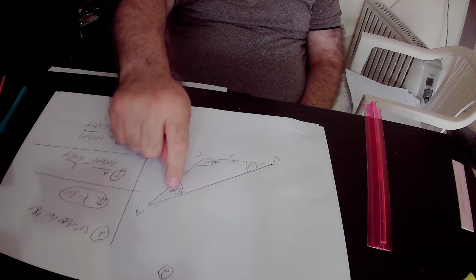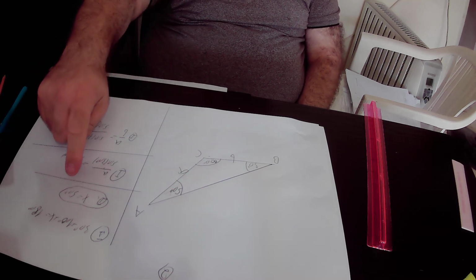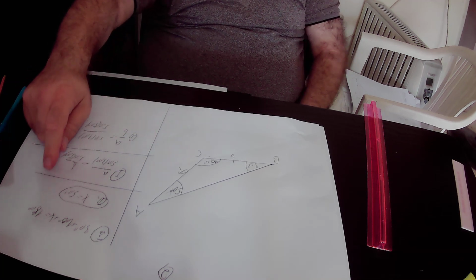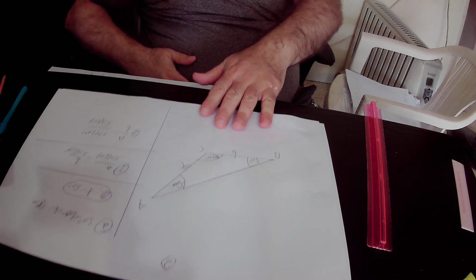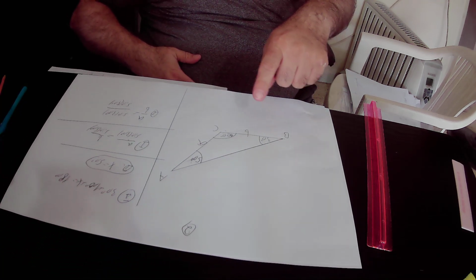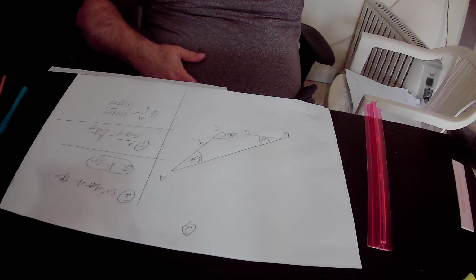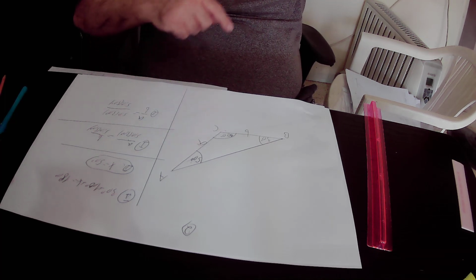So if we define the missing angle as angle X, we will get that X plus 100 degrees plus 30 degrees must be equal to 180 degrees. We subtracted 130 degrees from this equation and found out that angle X equals to 50 degrees. So angle BAC equals to 50 degrees.